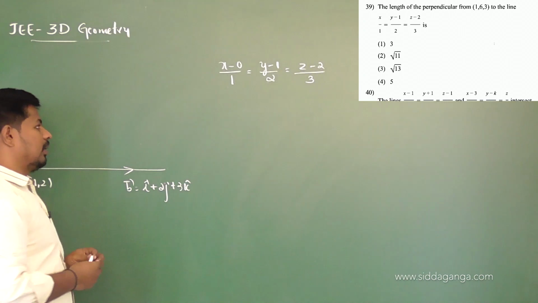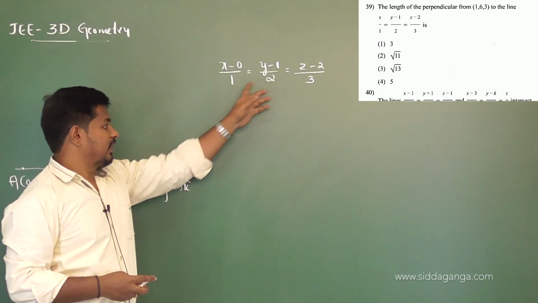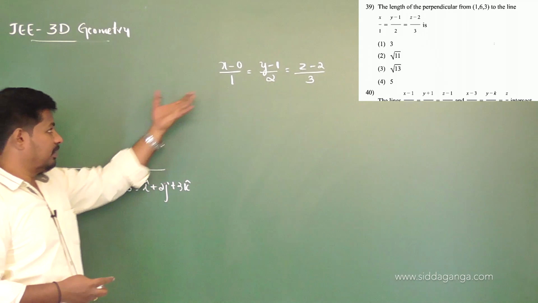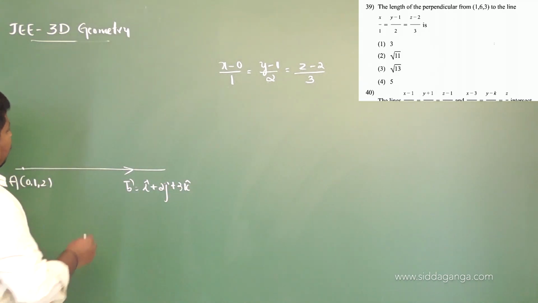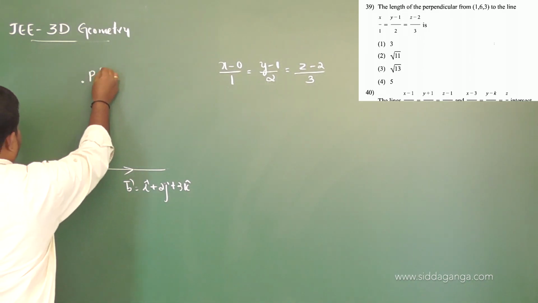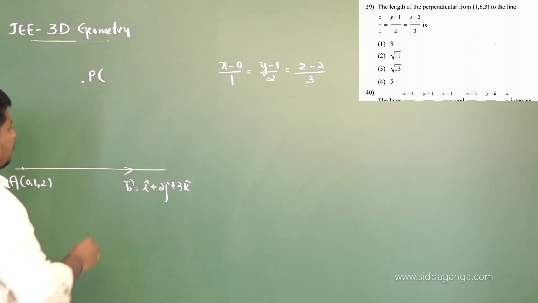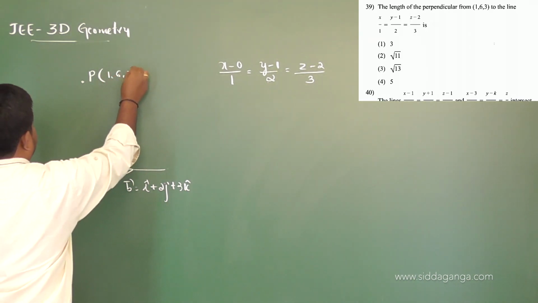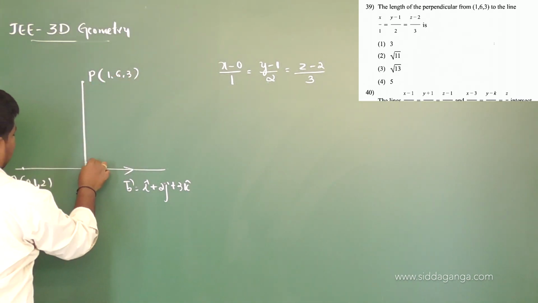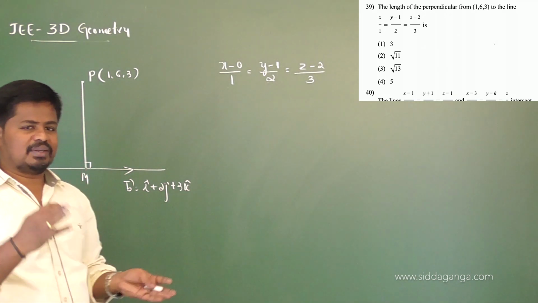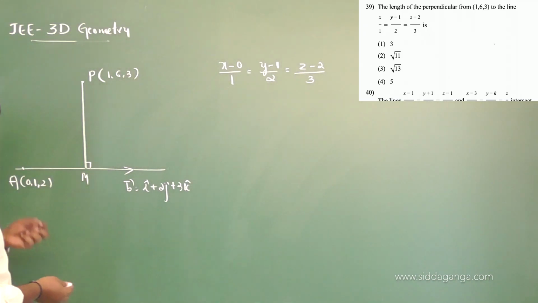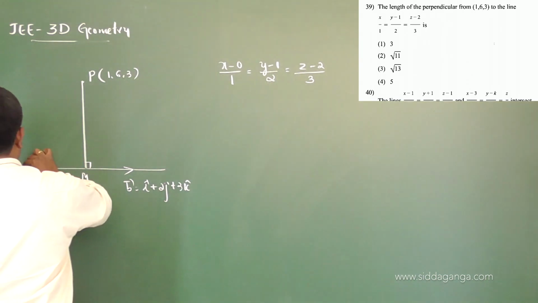Now, we have to find the perpendicular distance from a point, let us take P, that is (1, 6, 3). Let me take M as the foot of the perpendicular. So you have to find PM now, right? This is a perpendicular distance, or sometimes just distance, both are the same. If there is a distance, you have to find the perpendicular distance only, right? So now let me join AP.